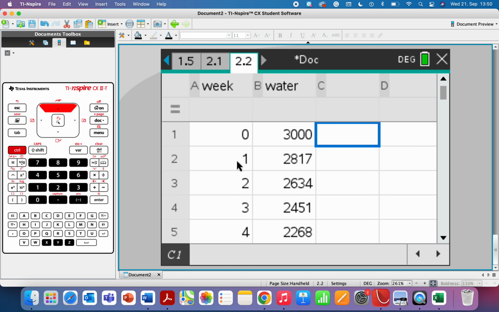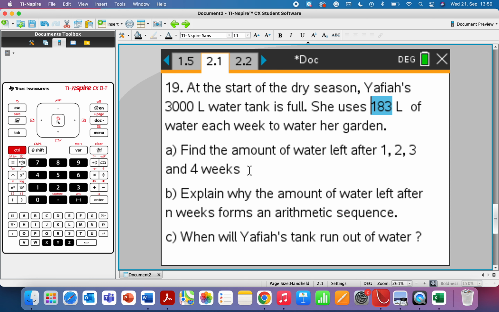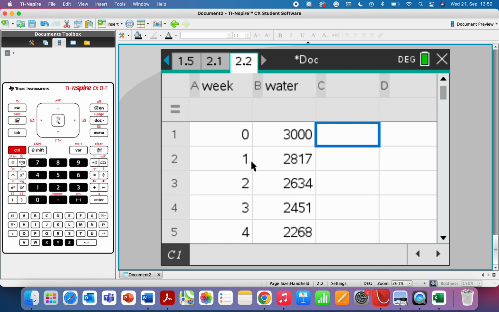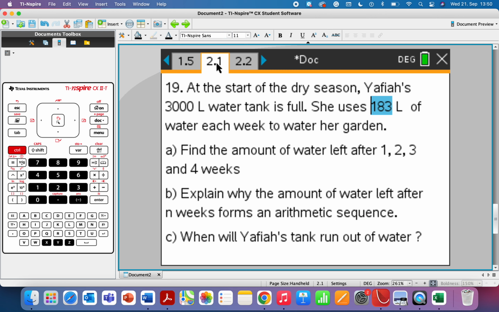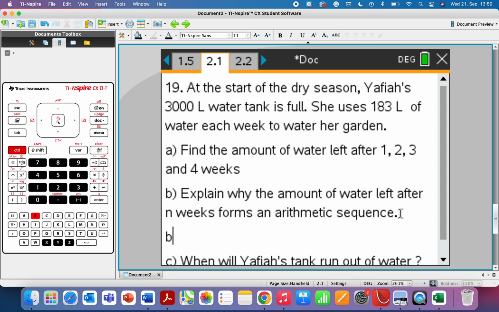All right, so let's go back and look at the question. A, find the amount of water left after 1, 2, 3, and 4 weeks. So you could just literally read out those and put the answers down. Don't forget the units as litres. B, explain why the amount of water left after n weeks forms an arithmetic sequence.